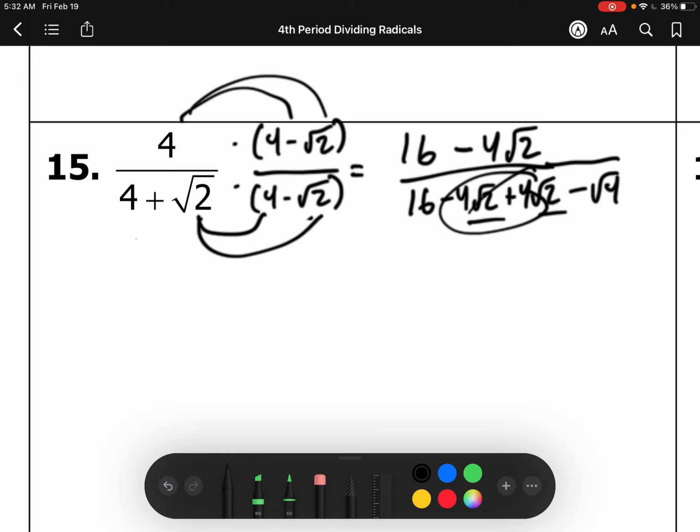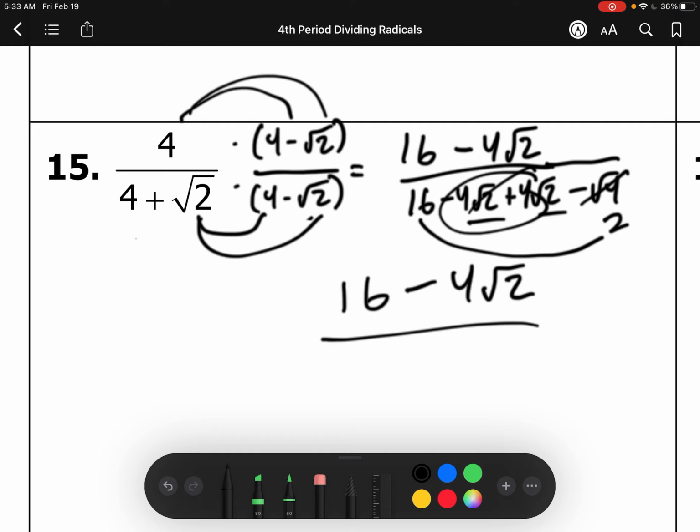So we are just left with 16 minus the square root of 4. The square root of 4 is 2, right? So we're left with 16 minus 2, which is... oh, sorry, 16 minus 2 is 14, not 7. So we have 16 minus 4 times the square root of 2, right? Our numerator.